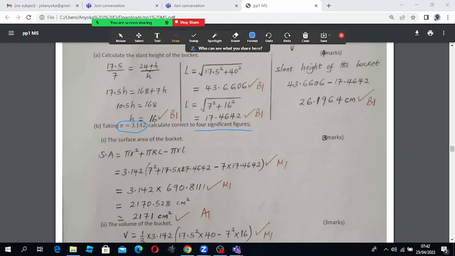Now we want to find the surface area, taking pi from the calculator. You must go through these instructions and listen to them well, because you have been instructed to use 3.142 and your answer should be to 4 significant figures. So we know the surface area of the bucket. The bucket was open.